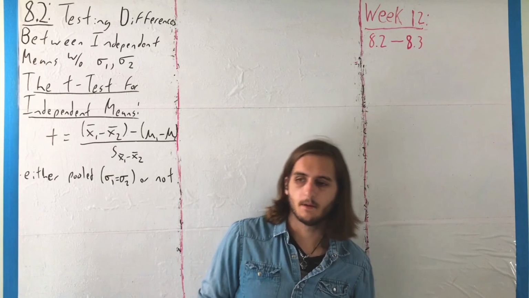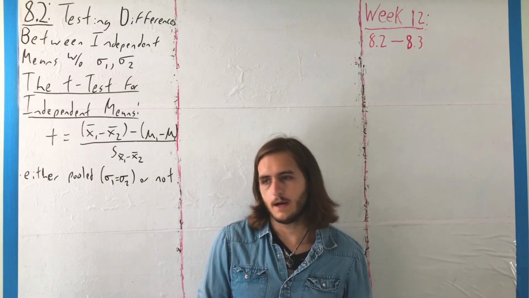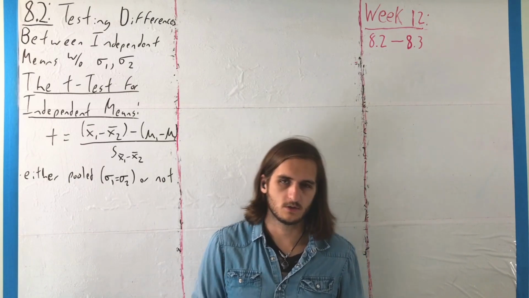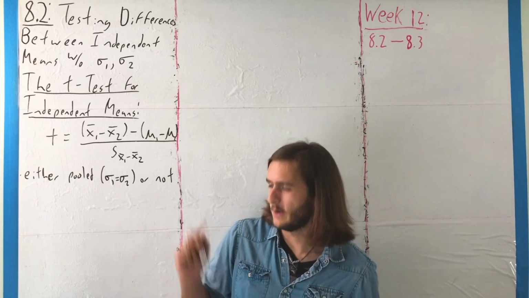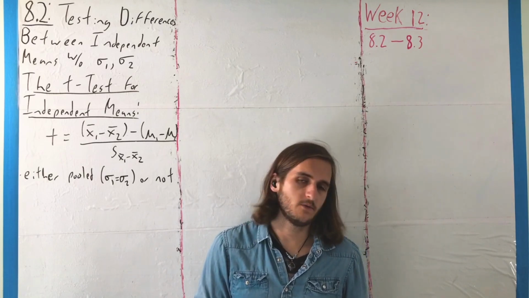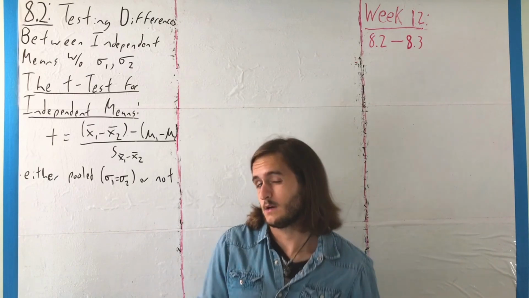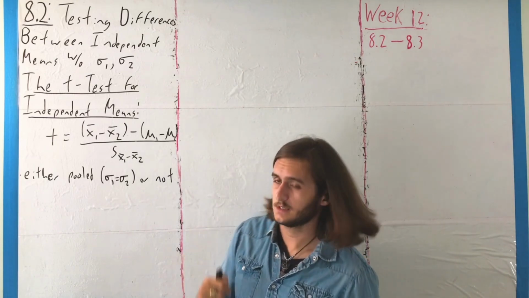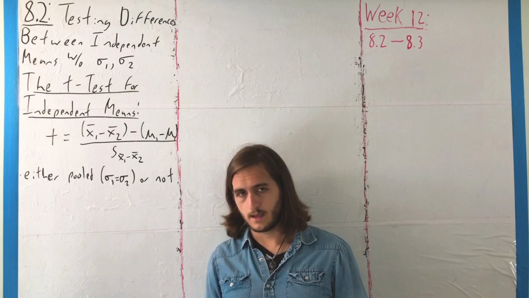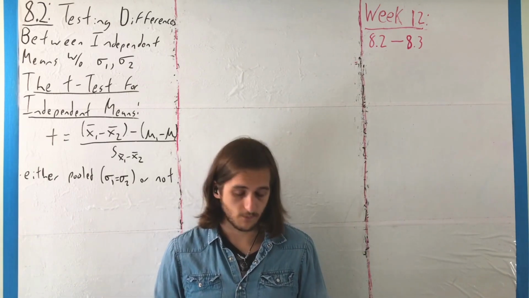But it's also not really a very fair assumption in my eyes to say that the two populations are similar in that way if we're assuming we don't know that much about them to begin with. So more reasonably, if we want to deal with the non-pooled sample, or the samples where the variances are not equal, then in that case we have a slightly different behavior for the standard error, slightly different degrees of freedom.